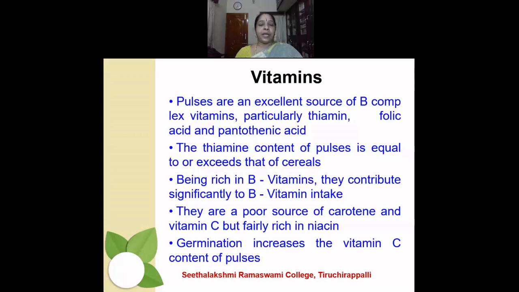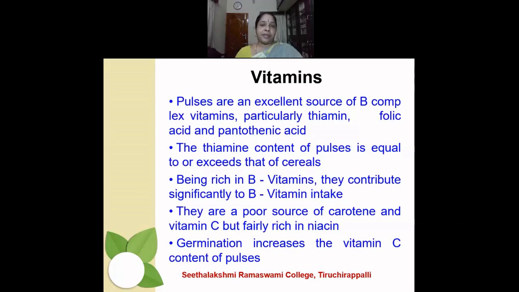They are a poor source of carotene. From carotene, vitamin A can be synthesized. So carotene is very low in the pulses, or absent. And vitamin C is not present in the pulses. But it is a fair source of niacin.